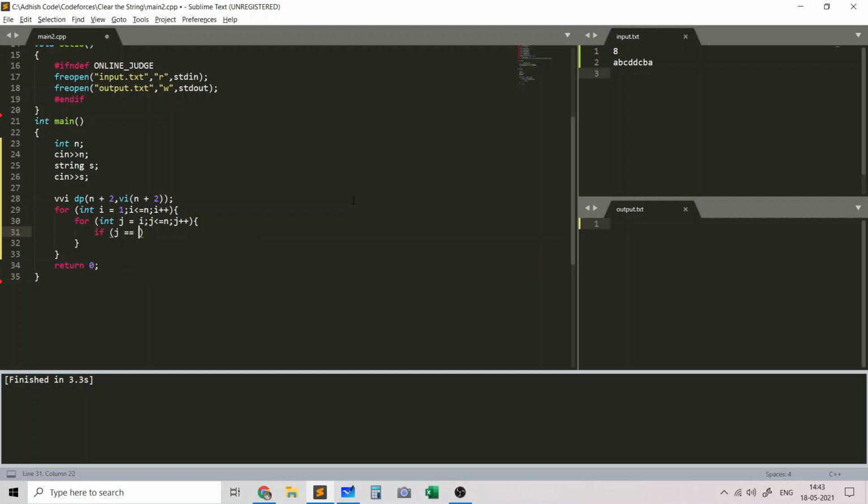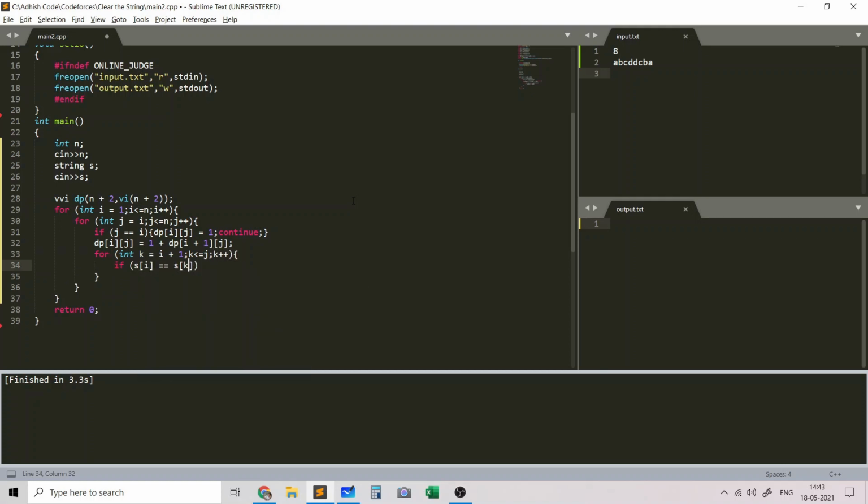So the base case is if j is I, then dpij is 1, and we'll just continue. Otherwise, we would take one case to be 1 plus dp of I plus 1 j, and then we'll iterate over all k going from I plus 1 to j.